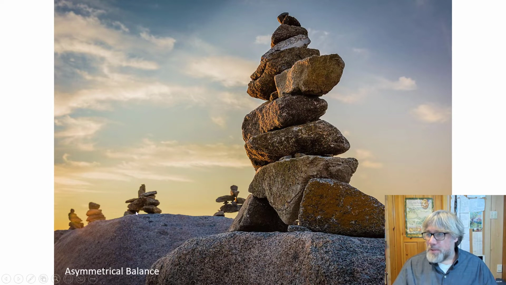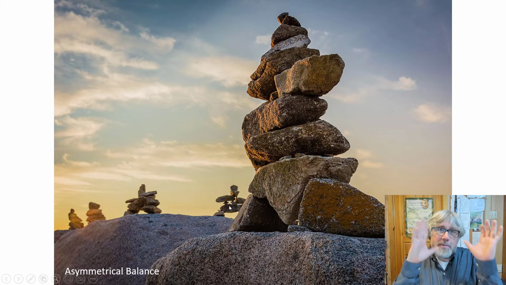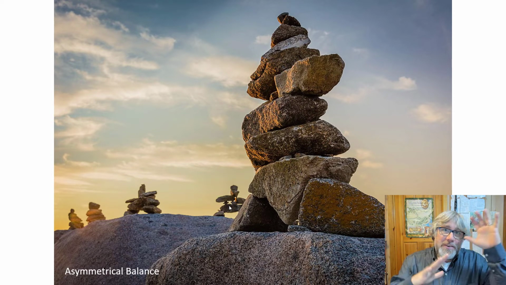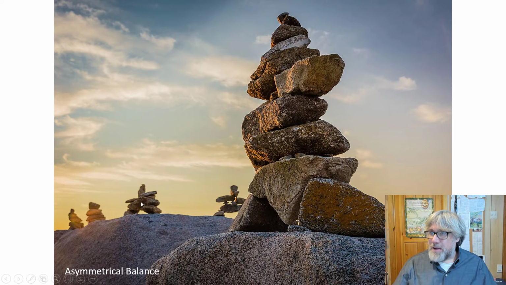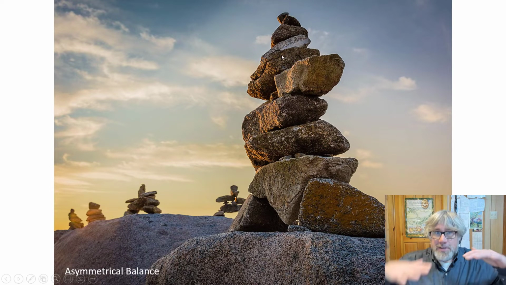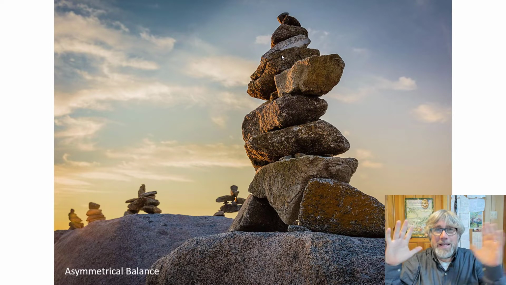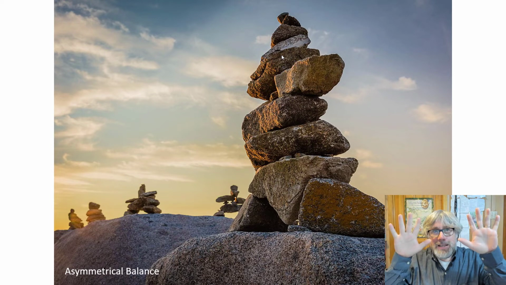And the Inukshuks themselves, notice in one sense, they're very much like crosses or like stick people, but they're not symmetrical. They're never exactly set up to be the same on all sides. There's a misbalance there, even though there's a balance of the whole, right? So each Inukshuk has a kind of asymmetrical balance.